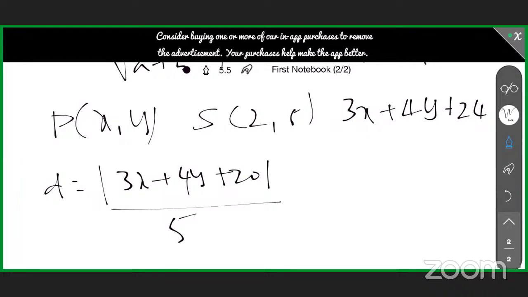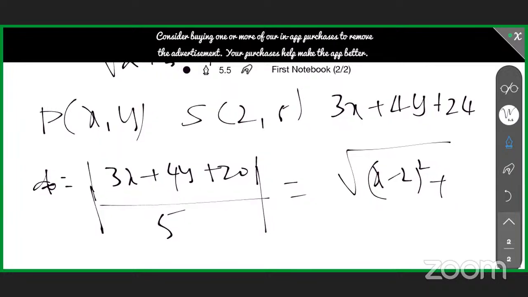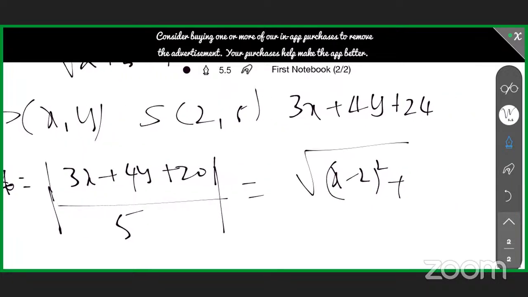So much is clear. I'll take the entire mod, because here again we are getting plus or minus. This is equal to the distance between P and S, that is square root of x minus 2 whole square plus y minus 5 whole square.